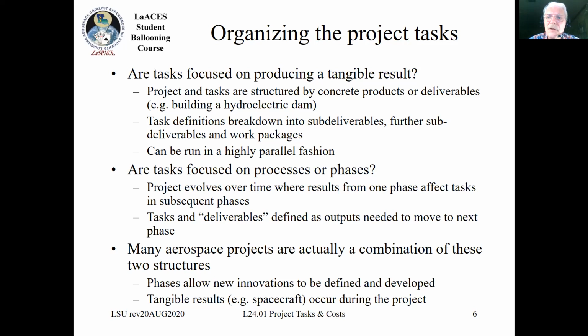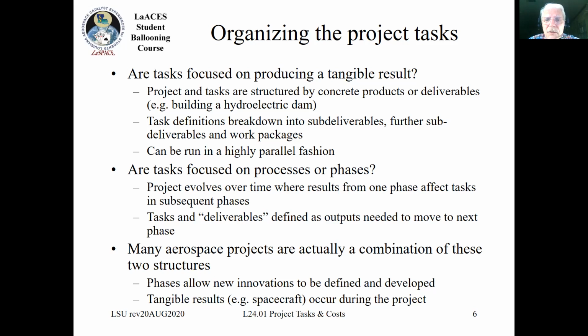So you don't necessarily know exactly what your deliverables are at any given time, or exactly what it is that you need to accomplish until you finish one phase. So this kind of an organization might need to be much more sequential, right?